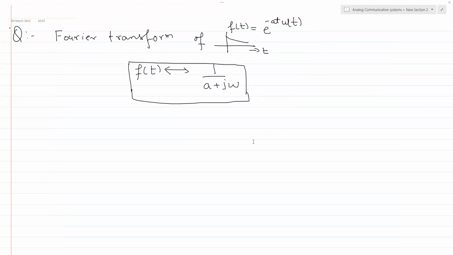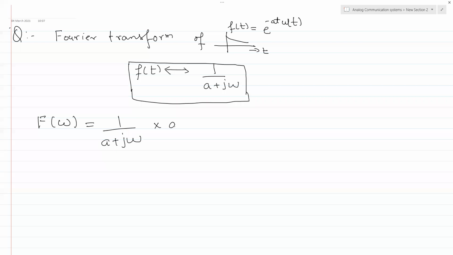So we were done with this question. So Fourier transform of this signal was 1 divided by a plus j omega, right? Now I will write like this. F of omega, that's Fourier transform of this signal, is 1 divided by a plus j omega.